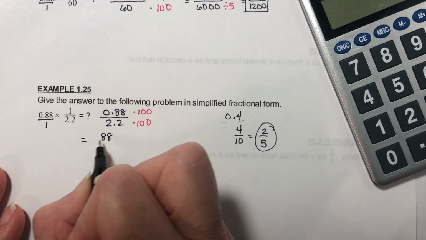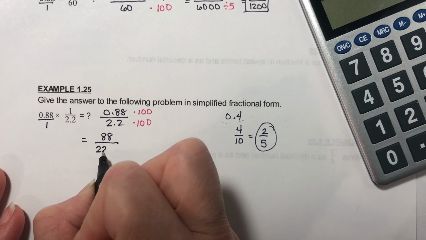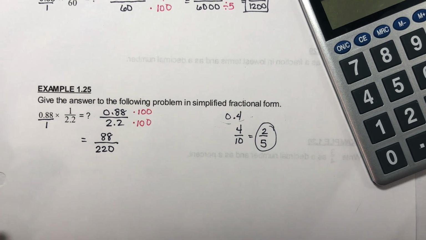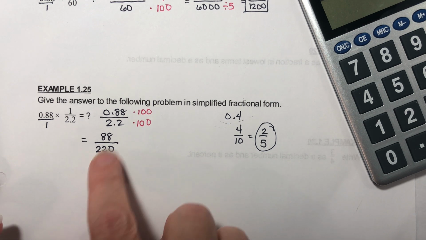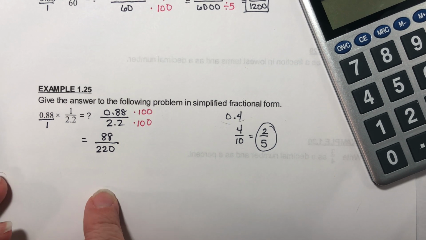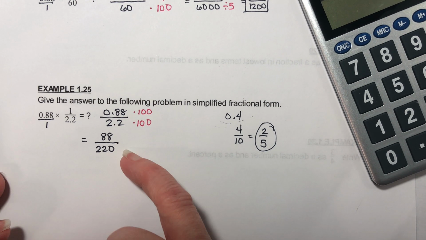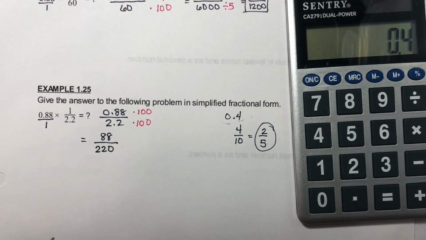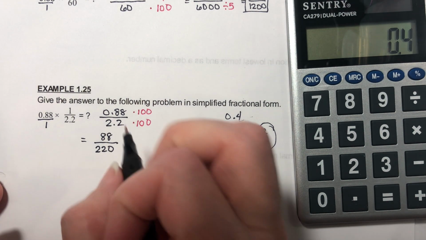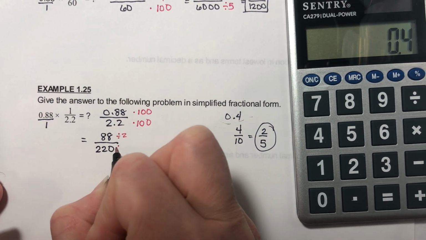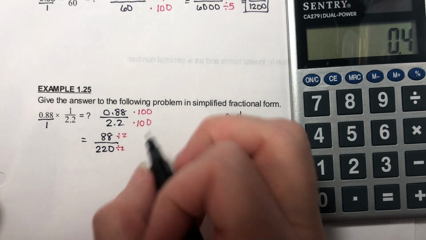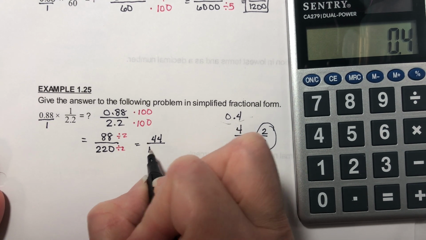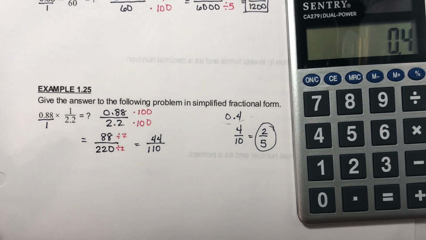over 220. Okay, so I'm not quite sure of the largest number that divides evenly into these, but I know what 2 does because they're both even numbers. So let's try that. Let's get our numbers smaller. If I divide each of these by a 2, that gives me 44 over 110.